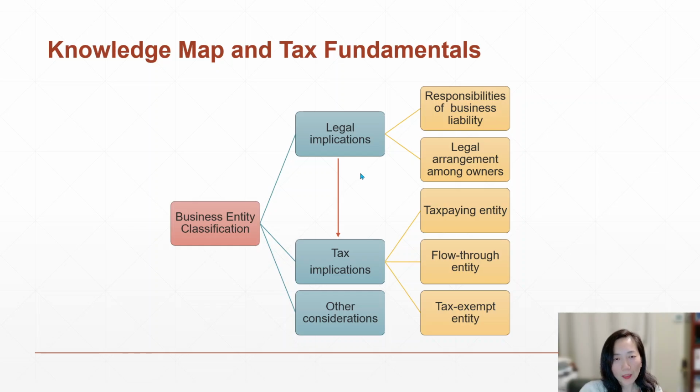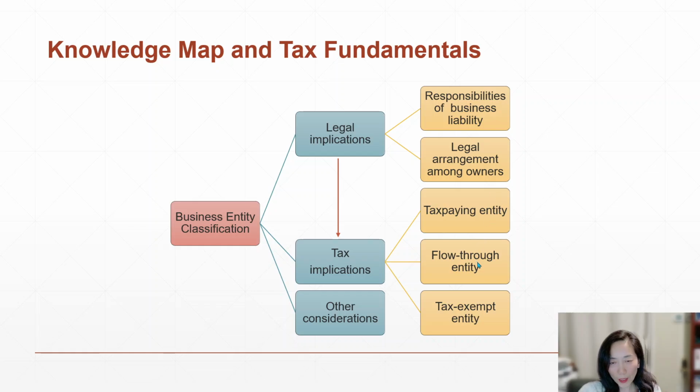That's why it's really important to understand the legal entity setup before we get into the tax implication. From a business taxation perspective, we need to understand whether this entity is paying tax or not paying tax.